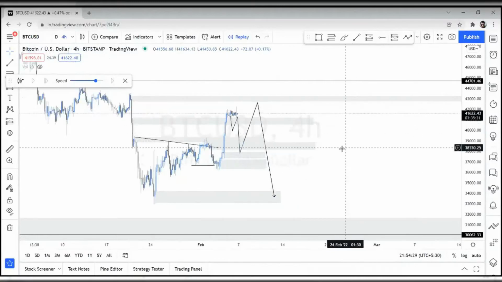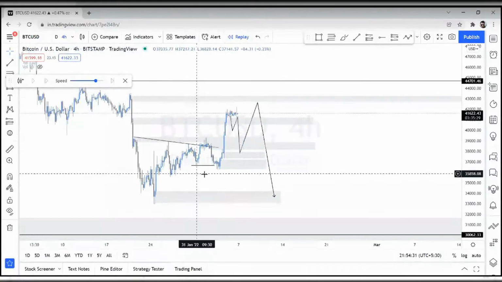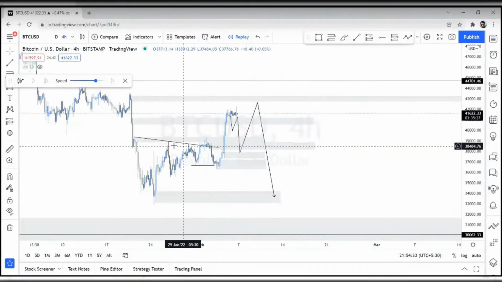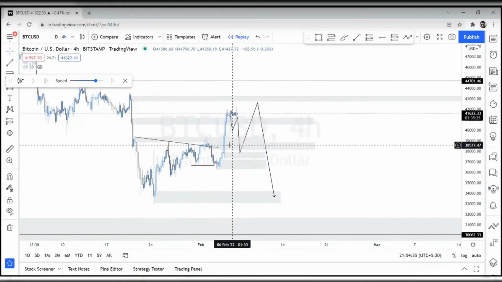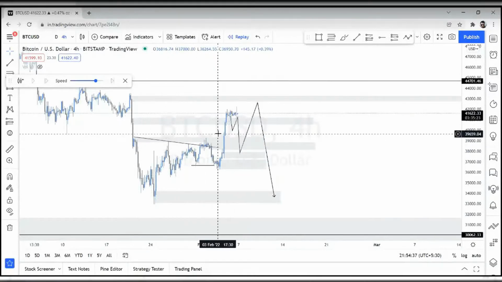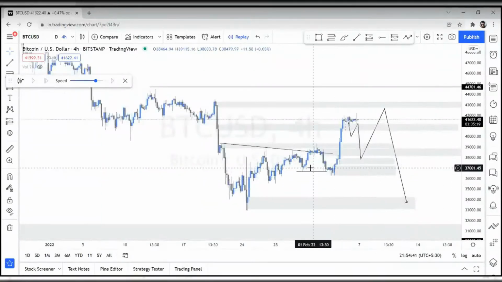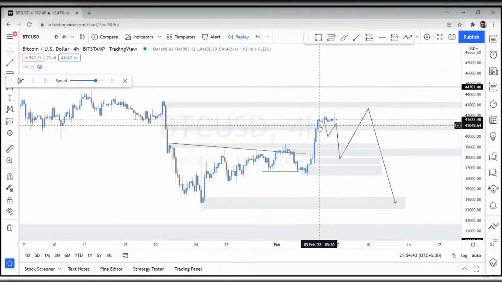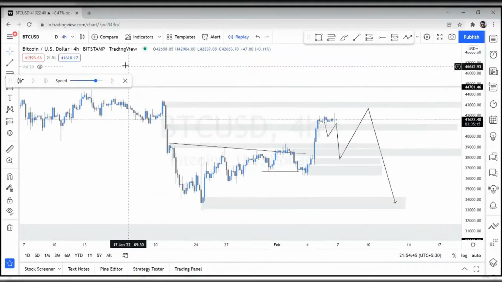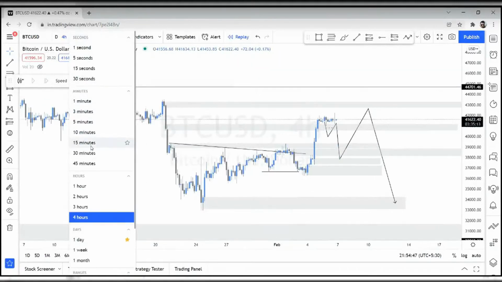So you understand why we didn't get a sell from here, because we are grabbing the liquidity of all the people selling here. If you switch to a smaller time frame, you will see that price somehow stopped here. Let me just check in a 15 minutes if that's what happened.